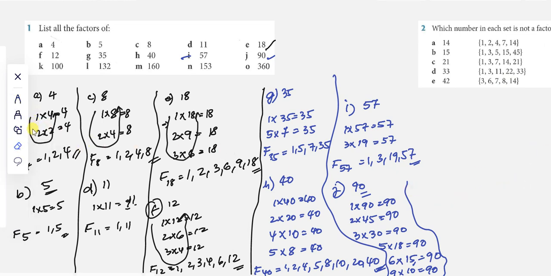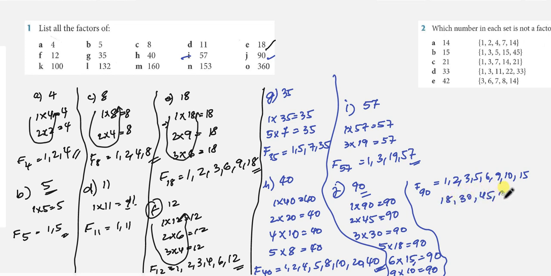So we can write F of 90 is equal to 1, 2, 3, 5, 6, 9, 10, 15, 18, 30, 45, and 90.